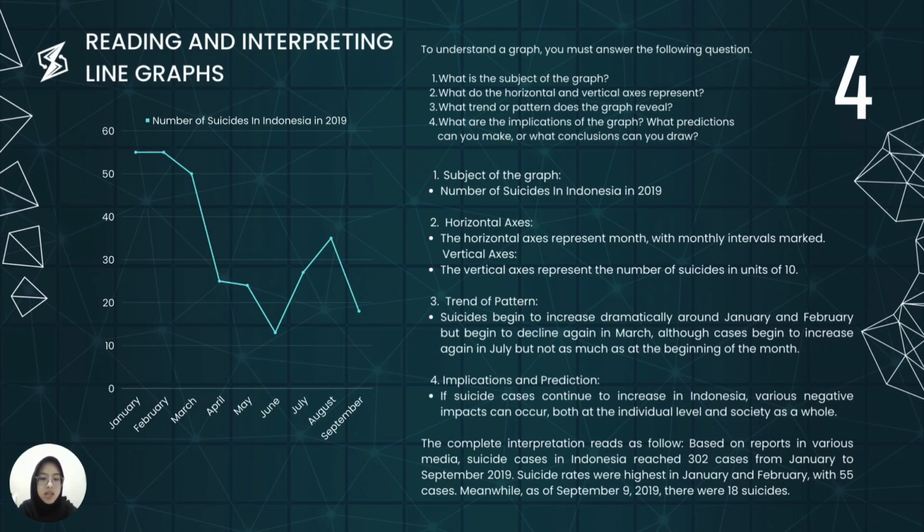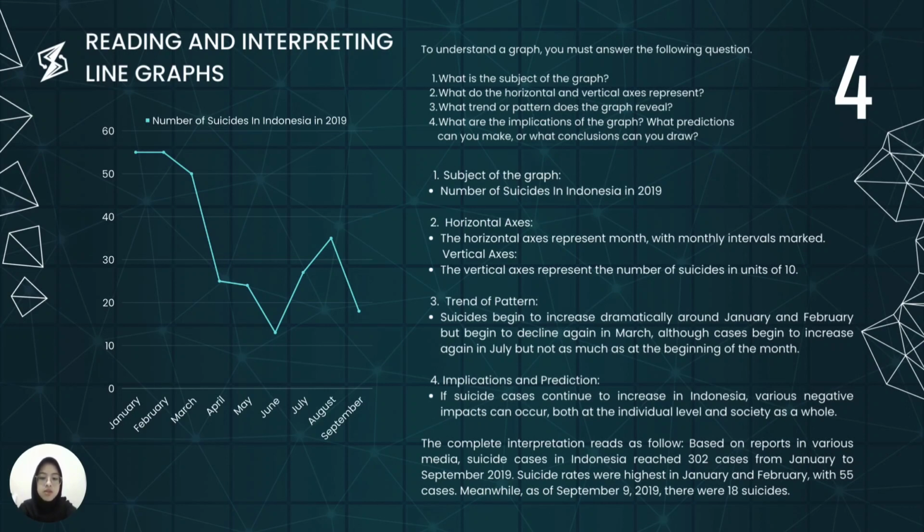The second is the horizontal axis. The horizontal axis represents months with monthly intervals marked, and the vertical axis represents the number of suicides in units of 10. The trend or pattern.